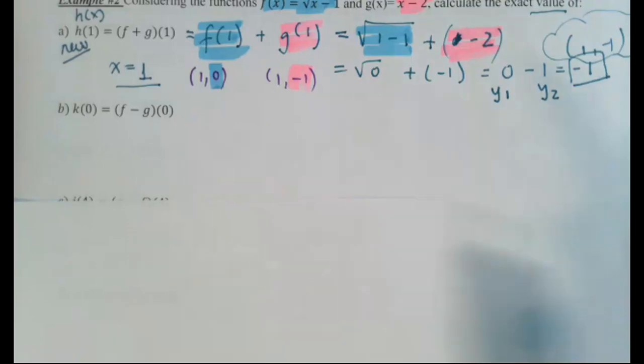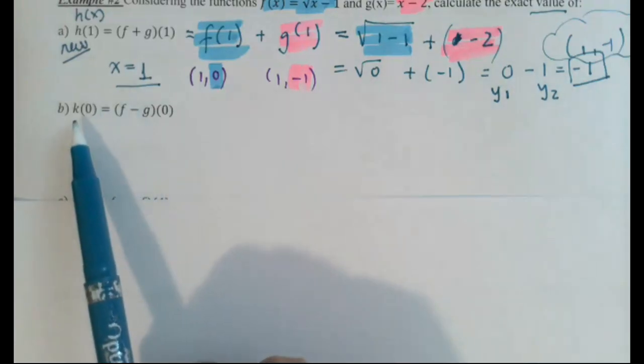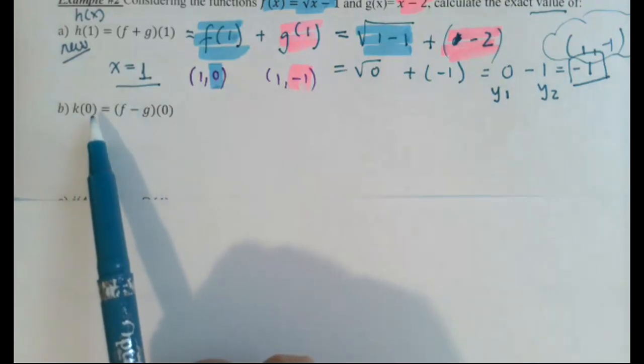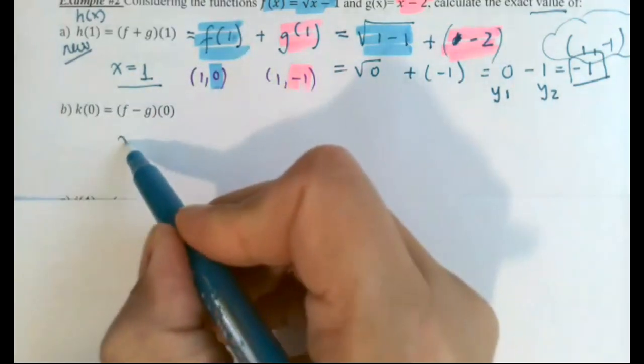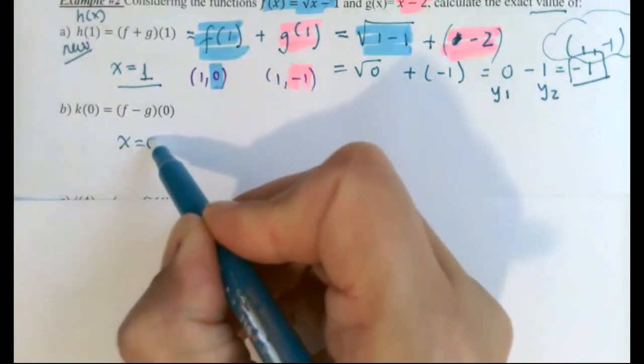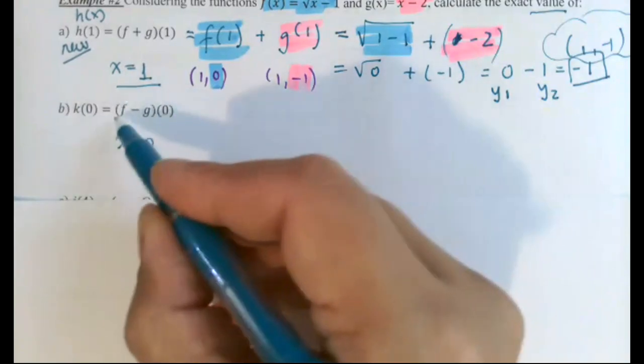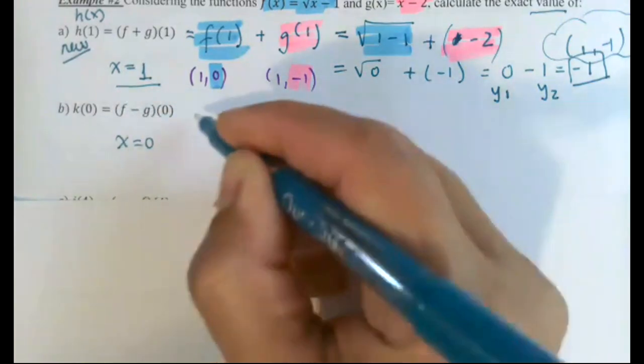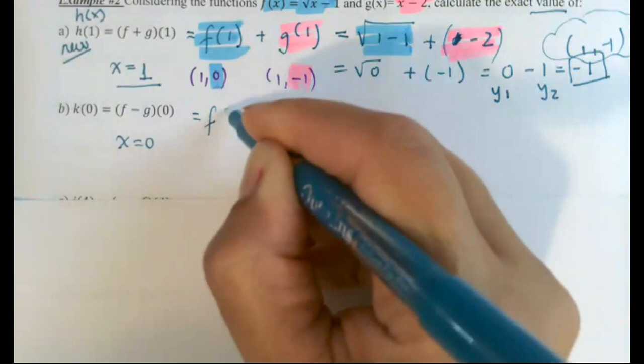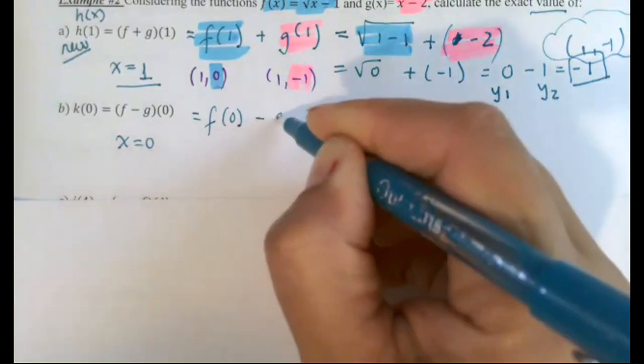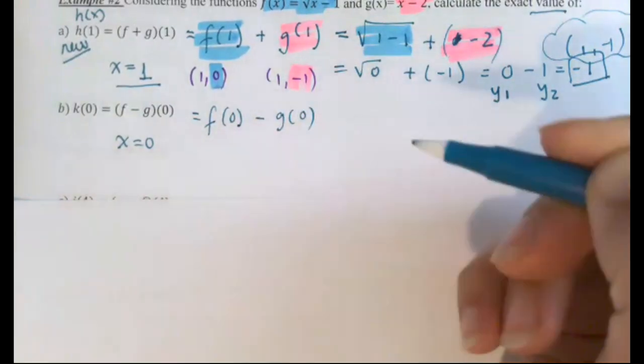So the next one. We're calculating the function value for the function k at 0. So that means we're calculating for x equals 0, right? So we're doing subtraction of f and g. So we're going to do f at 0 minus g at 0.